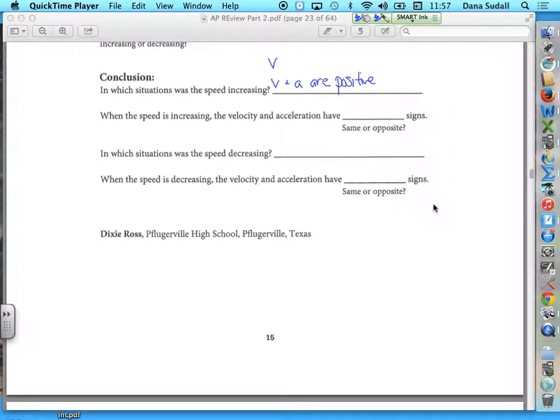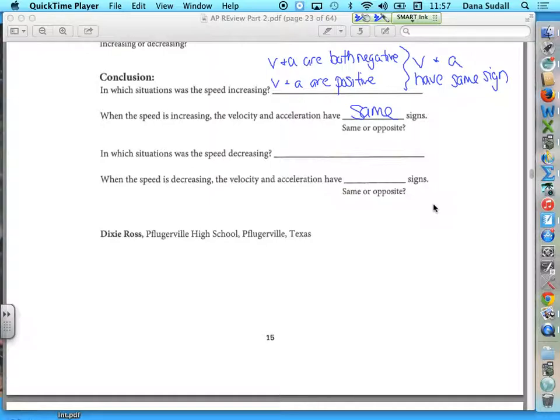But it also happened when both of them were negative. So v and a have the same sign. When they have the same sign, then your speed's going to be increasing. When they have opposite signs, it's going to be decreasing.